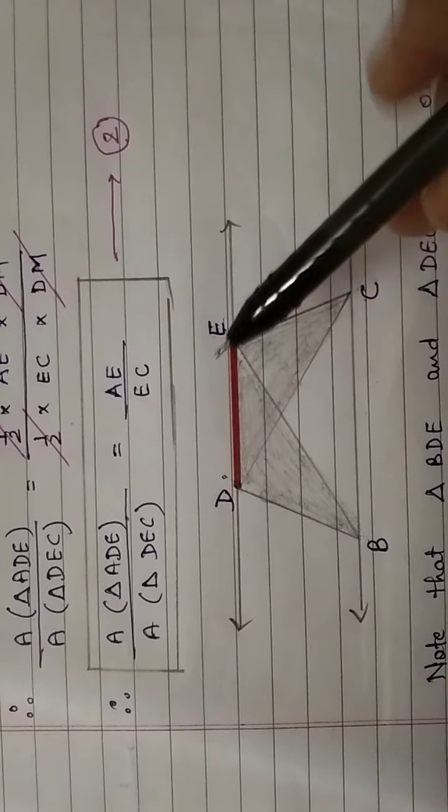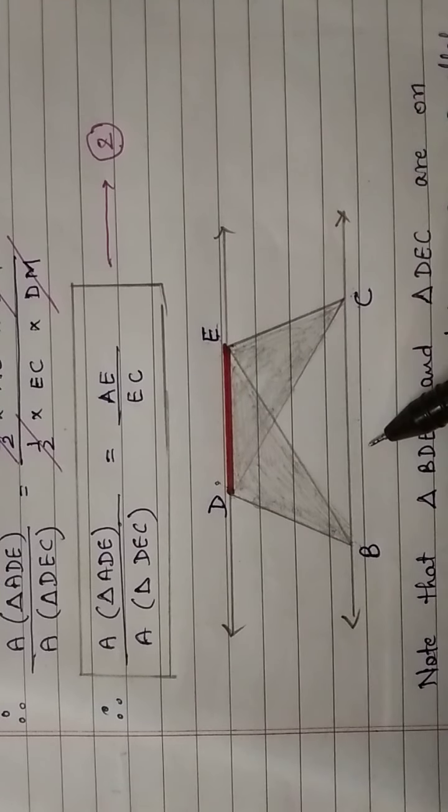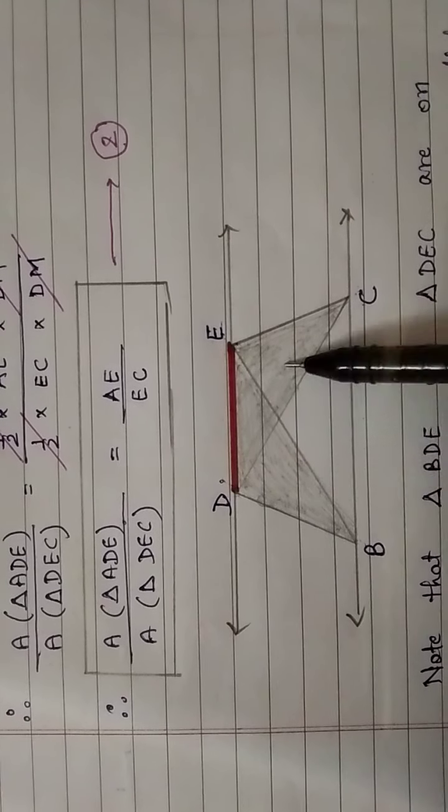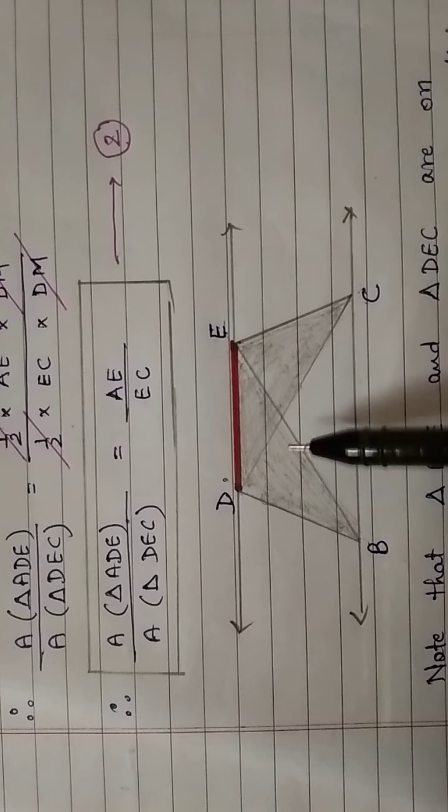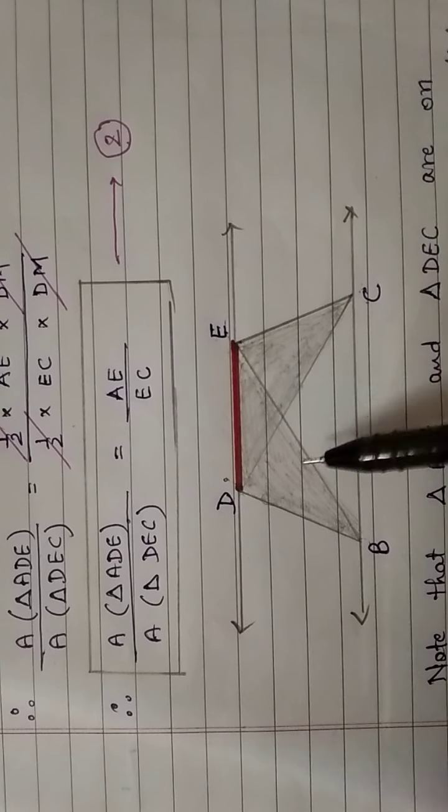They lie between the same parallel lines DE and BC.